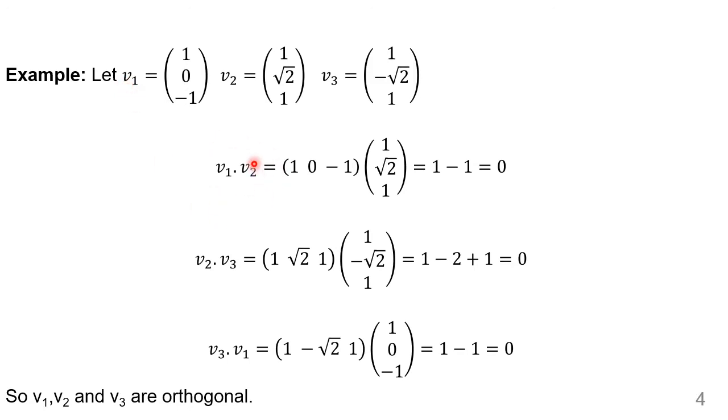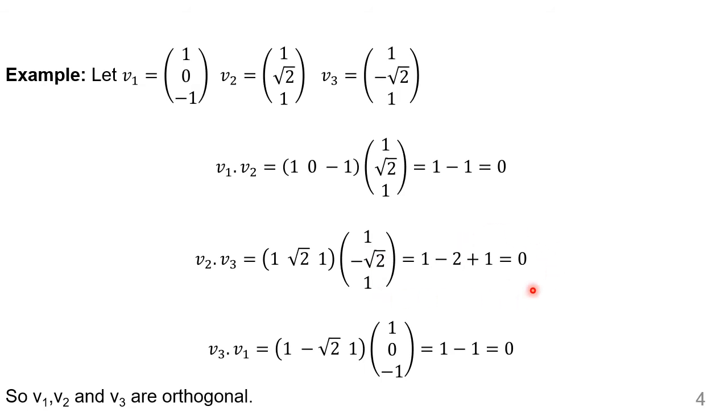So V1 dot V2 is V1 transpose into V2. V1 transpose is 1, 0, minus 1, and V2 is 1, root 2, 1. When I calculate it, I get the value 0, which means that V1 is orthogonal to V2. Second, V2 dot V3, that is V2 transpose multiplied by V3. V2 transpose is 1, root 2, 1 multiplied by 1, minus root 2, 1.